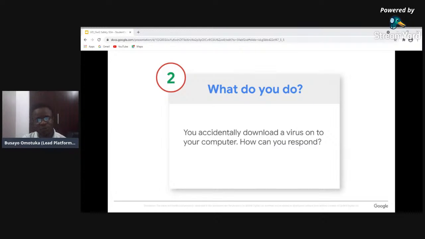So how can we train them to go about this? They should always speak out to their parents if they see anything suspicious on their phone. We should train them on the need to have an antivirus on their computer, right? So this is very important. Let's go to the next slide.